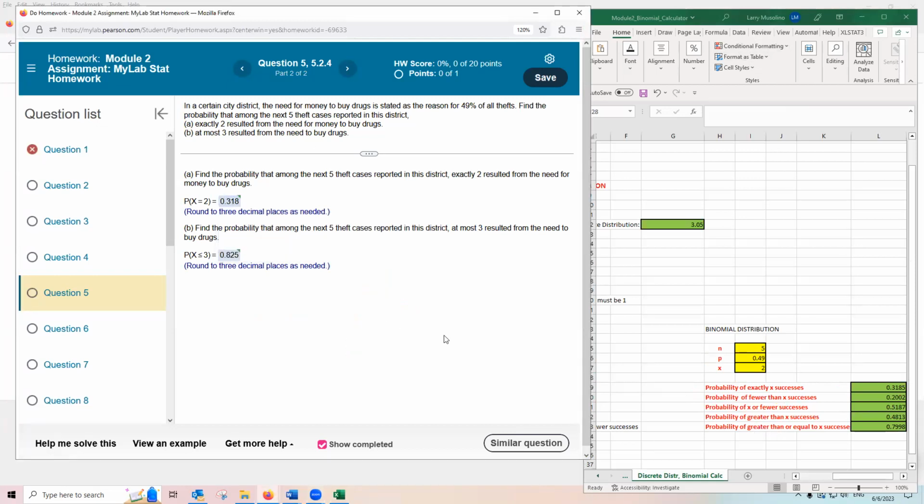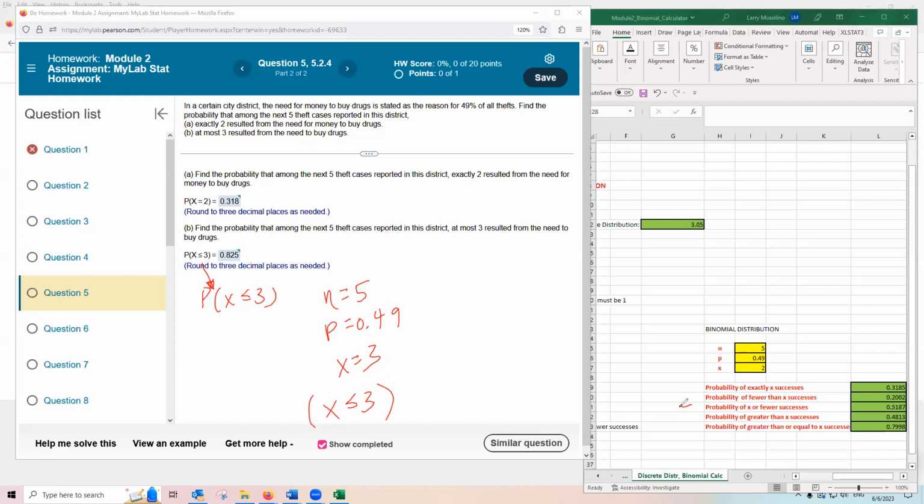And so let's go to part B. Part B says, what's the probability of X less than or equal to 3? Well, again, I'm going to let Excel do the work for me. N is still 5. P is still 0.49. And now X is 3, but we want to know the probability X less than or equal to 3.